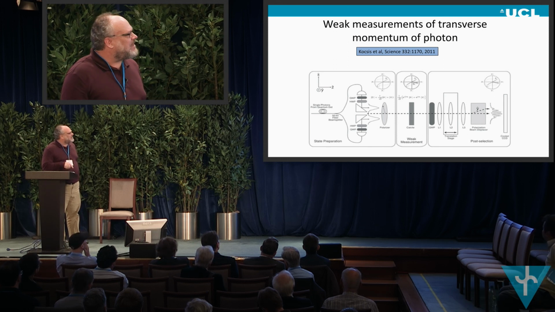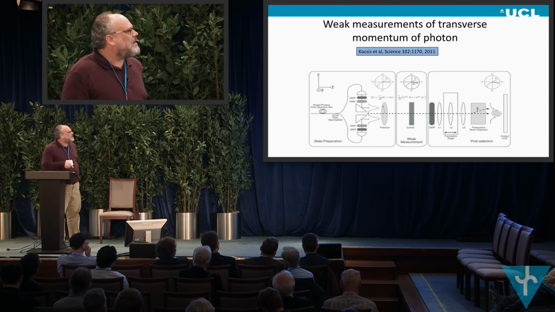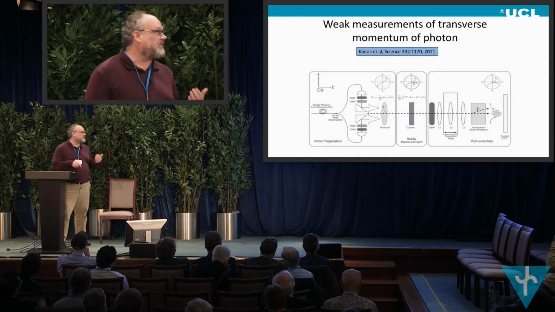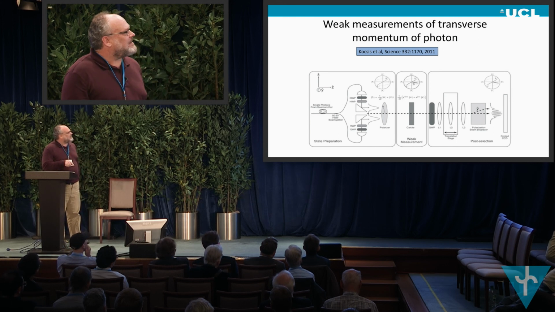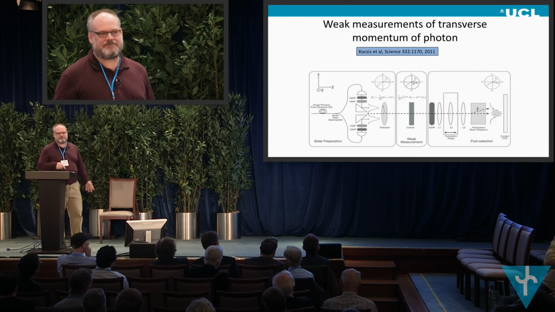Essentially, it's a two-slit interference experiment whereby this calcite crystal is used to make a weak measurement, and the pointer here is the polarization of the light. This calcite crystal creates a phase shift on these polarization components, which enables you to make a weak measurement of the transverse momentum, which we've heard about.